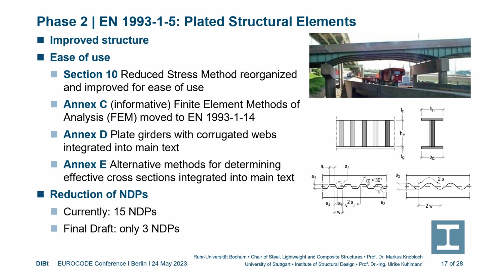So in fact, the original Annex C dealing with finite element method has been moved to Part 1-14. The original Annex D and Annex E, the content of that, has been integrated into the main text. So at the end, we even could reduce the number of NDPs from 15 to 3. So I think this is really an improved structure.